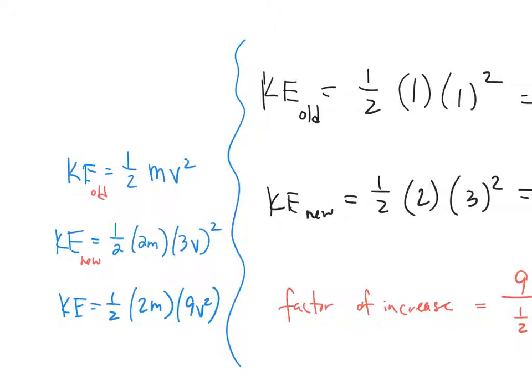And this 2 times this 9, right here and here, is the only difference. These two spots are the only difference between this formula and this one. So I multiply by 2, I multiply by 9. Everything else is the same. 2 times 9 gives me the factor of increase from over here, which is 18.